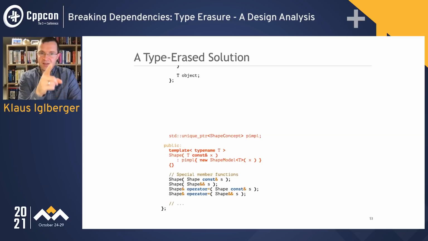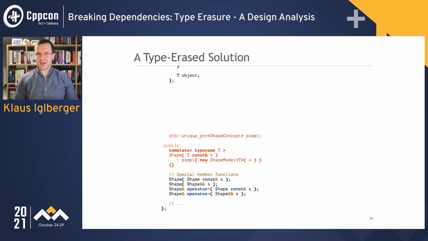Of course, my base is a shape concept. So I create the right kind of model. I store it, however, by means of a pointer to base. And by doing that, I essentially have lost the information what I truly store. I don't know that anymore. Might have been a circle, might have been a square, but I don't know that anymore.